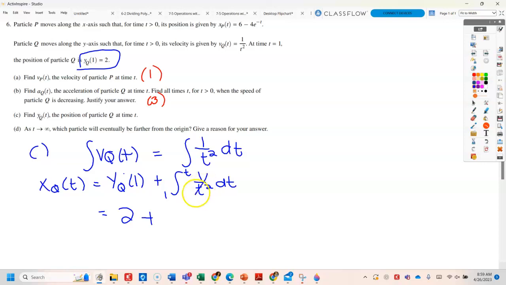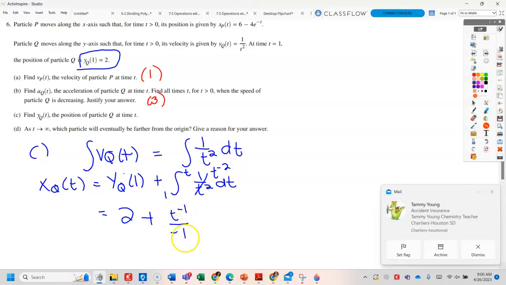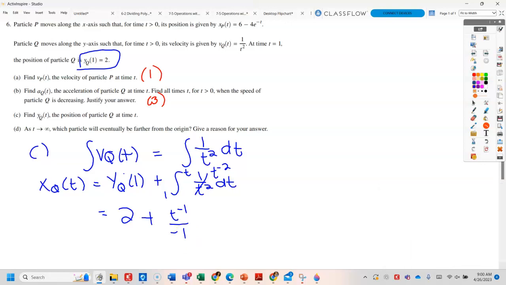So again, 1 over t squared is like t to the negative 2. The rule for antiderivatives is the opposite, right? So derivatives, you take one away. Antiderivatives, you add one back. So this would be t to the negative 1 over negative 1, evaluated from 1 to t.